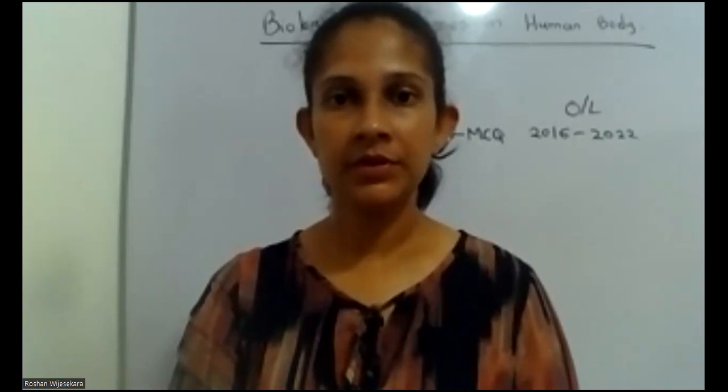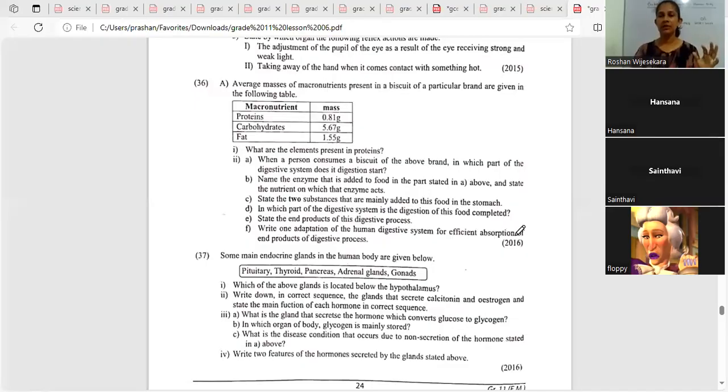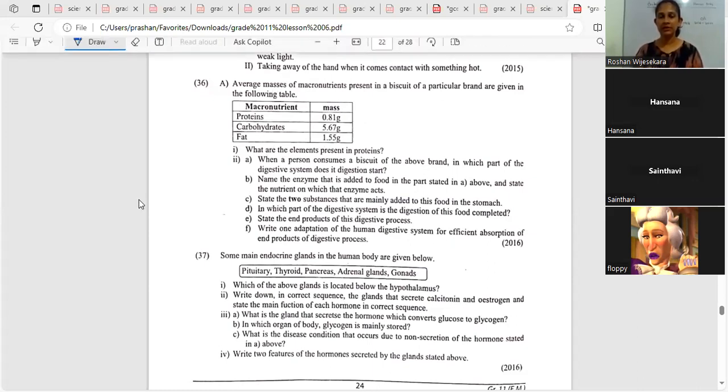Essay type question. Now you can write answers for this question and raise your hand when you are finished. You don't have to write the question, just write the year of the question, 2016, and the question number correctly, and write the answer only. This is a part of the essay question. This is one part and this is another part.